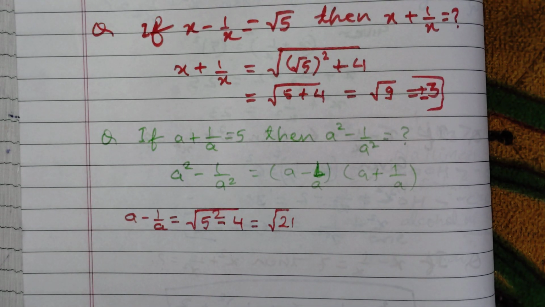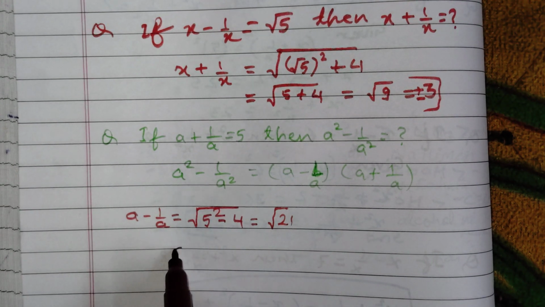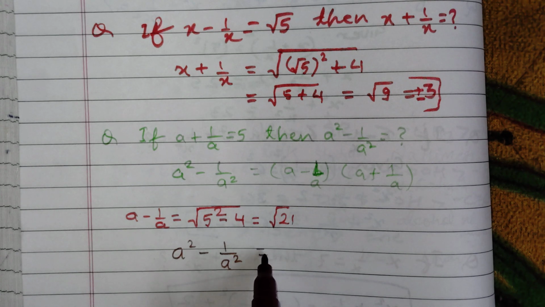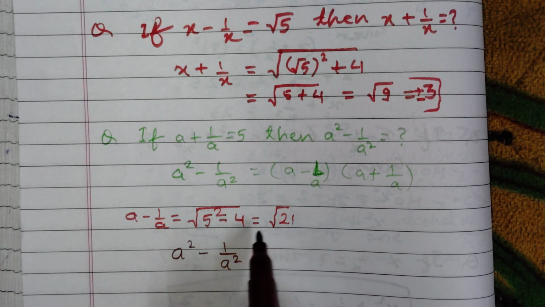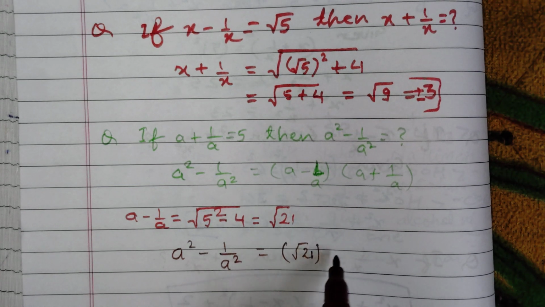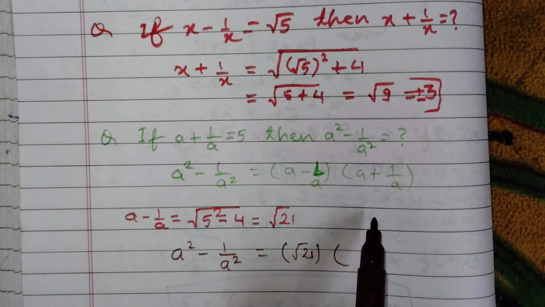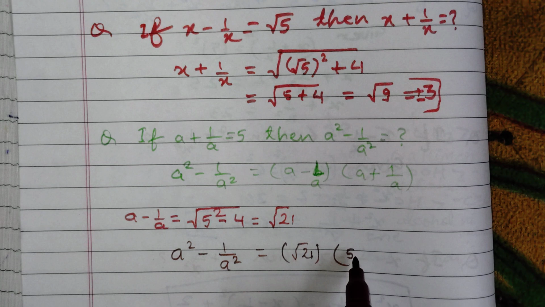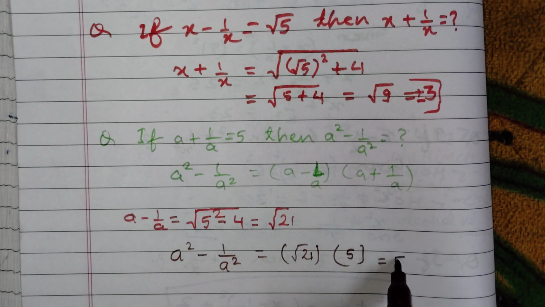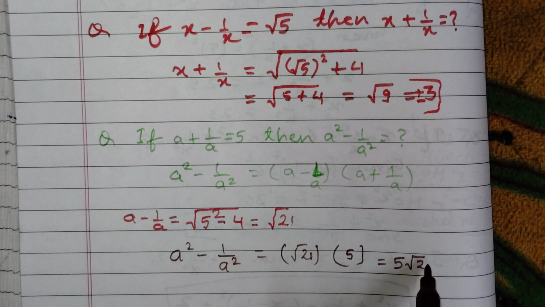Now its value of our main question, a square minus 1 upon a square, it becomes now, its factors are a minus 1 upon a, its value is square root 21, and times a plus 1 upon a, its value is given in question 5. So 5 into square root 21, it becomes 5 square root 21. This is the answer.